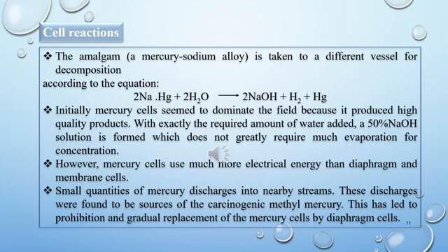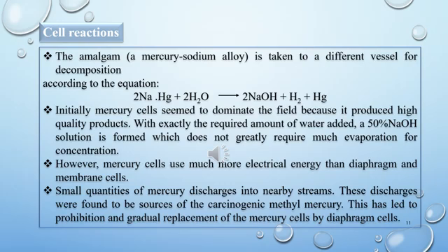As we have discussed in the previous slide that sodium amalgam will be formed and that sodium amalgam will be decomposed into sodium and mercury because that amalgam is formed of sodium and mercury. Now, what will be the cell reactions in this process?